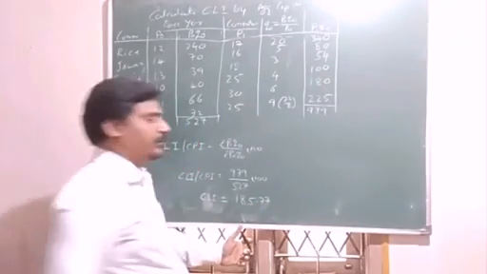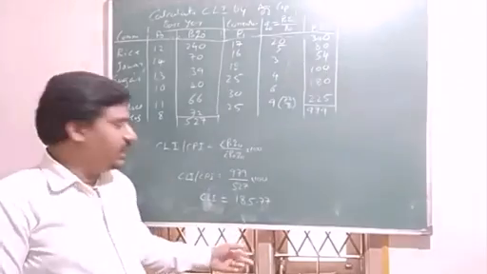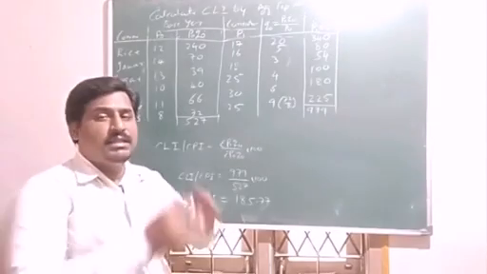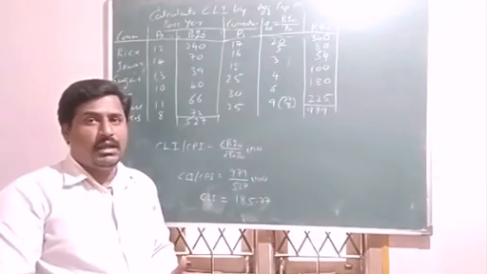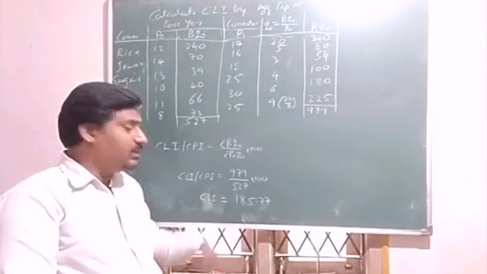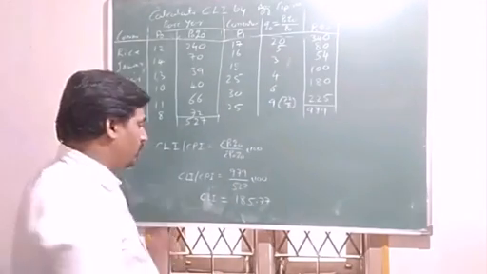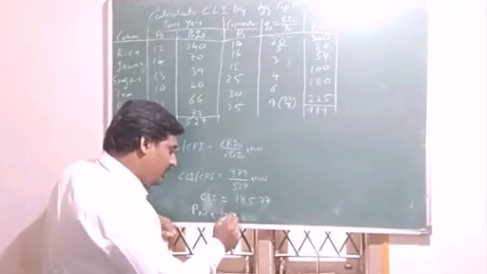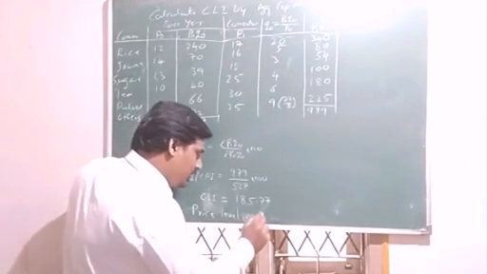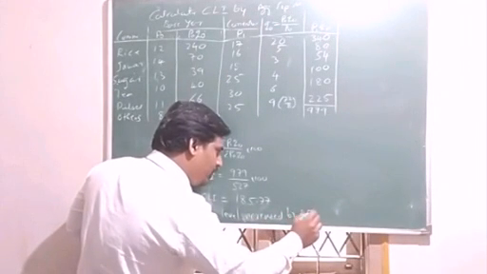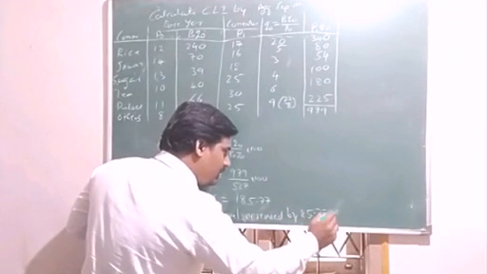185.77. Okay, what does it indicate here? An increase in price level. How much increase? That is 85.77%. So price level increased by 85.77%.